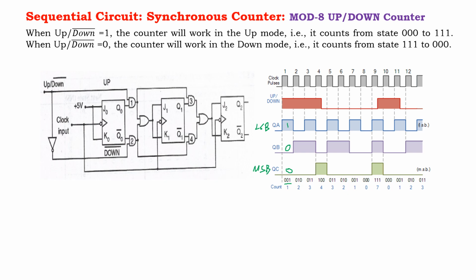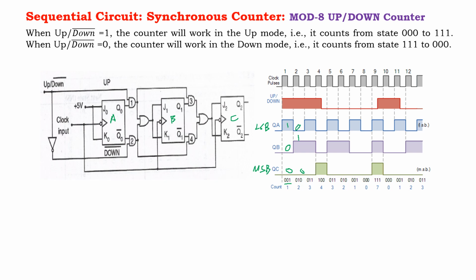Okay, suppose this is C, this is B, and this is A. So this is QC, the MSB, and this is the LSB. So then we will get 0, 0, 1. Now here this is 0, this is 1, this is 0, so that is 0, 1, 0.